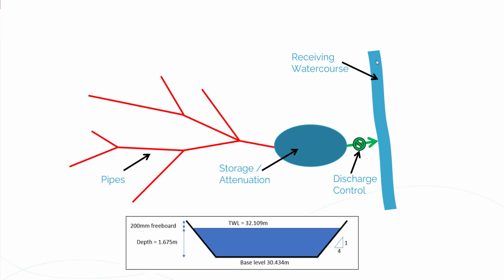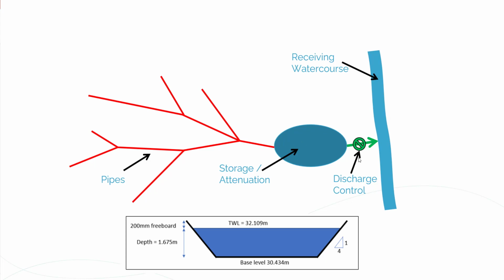Then what we do is we have to do an analysis of the receiving watercourse, or often it will be dictated to us what we're allowed to discharge into that receiving watercourse, and we did that calculation in exercise 5. So you'll end up with a flow rate that you're allowed to discharge from the site.